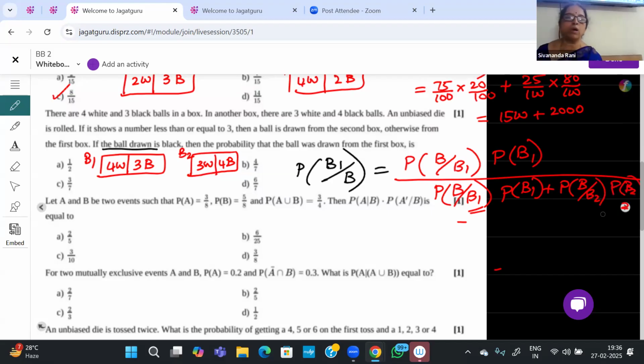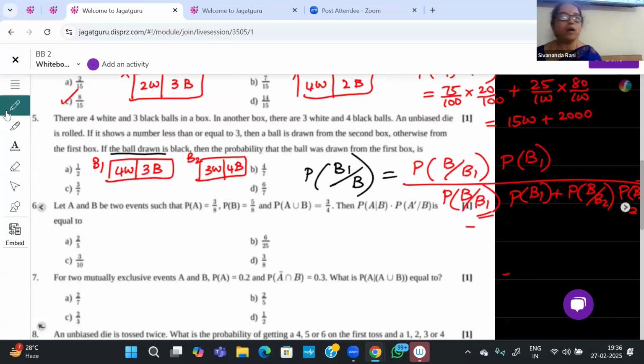Okay, can you substitute all those and find out what is the probability of B1? He has given you a check there. The probability of B1 is not half, isn't it? What is it? If it is less than or equal to 3, then B2 will occur. Okay. So can someone tell me what is the probability of B1?